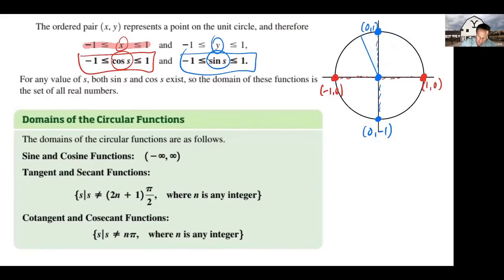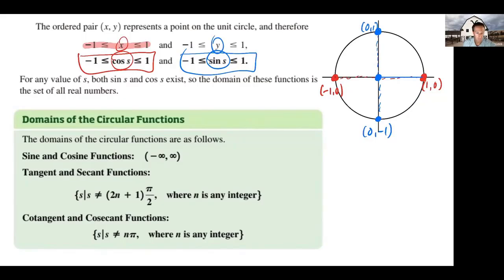Then it would start to get smaller again, still positive values because it's above the x-axis, but all the way back to 0. And then we would start becoming larger y values from the x-axis, but negative this time because it's down below, all the way until we got to a negative 1. And then my y values would start getting smaller again, but still below the x-axis, so negative, until it got back to 0.